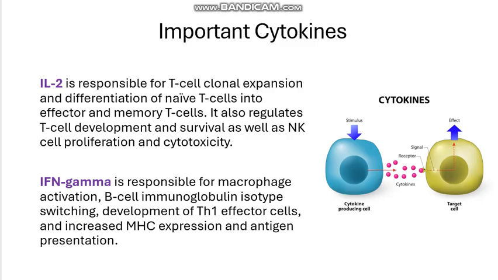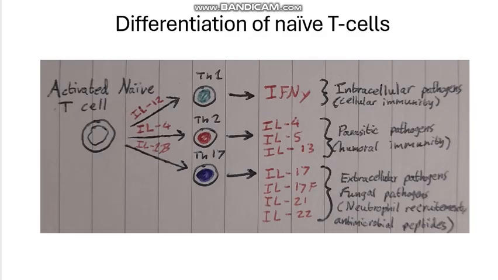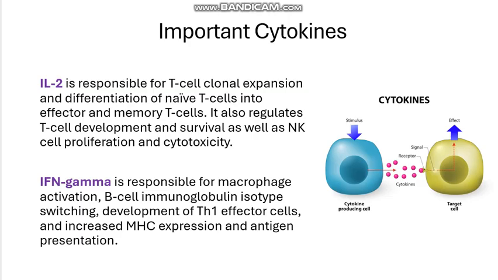Now, interferon gamma, which we have come across a lot, is responsible for macrophage activation, B cell immunoglobulin isotype switching, which we're going to go over in the next video, the development of Th1 effector cells, like you can see here, and it also increases MHC expression and antigen presentation.